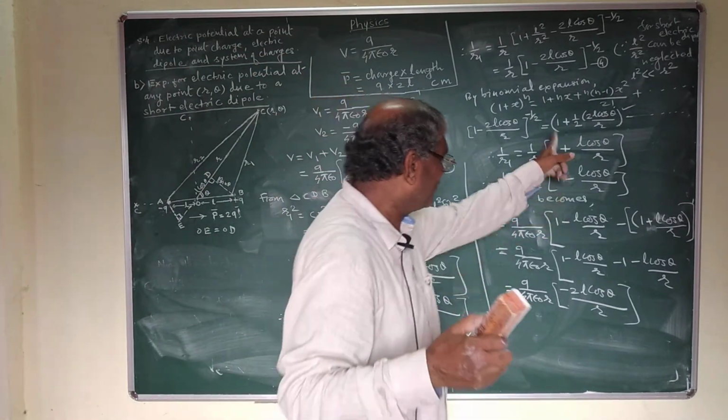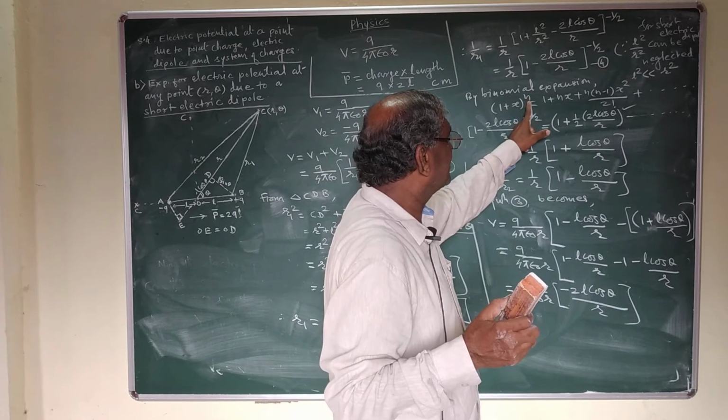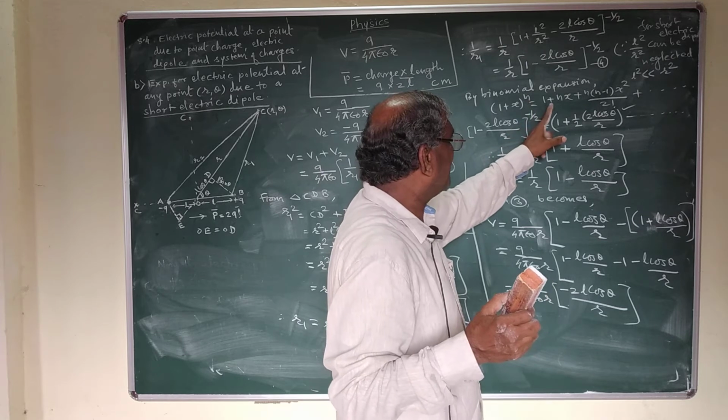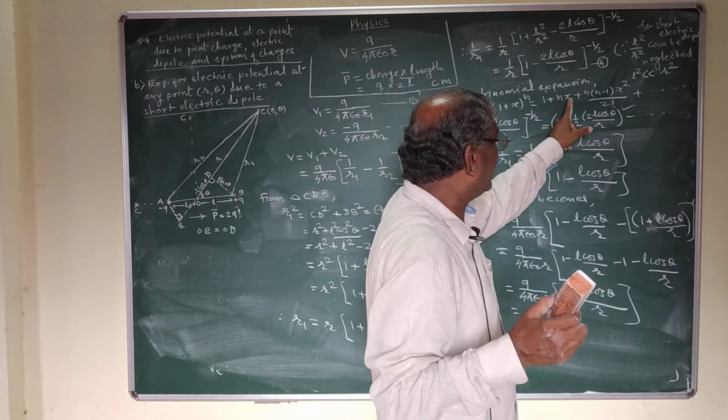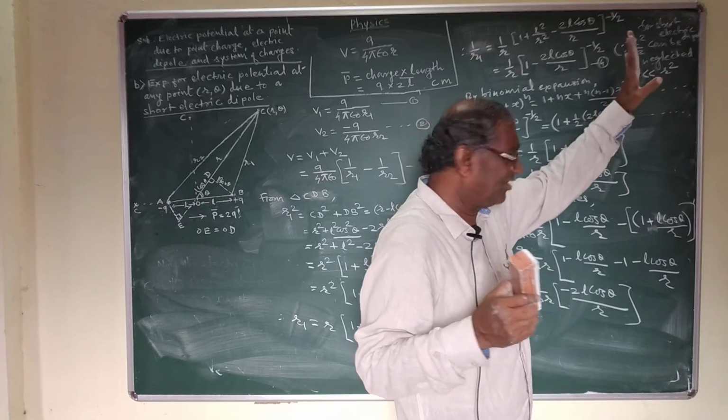There was a little mistake here. 1 plus x to the power n, this is the binomial rule of expansion, and the expansion is 1 plus nx plus n into n minus 1 into x square and so on.